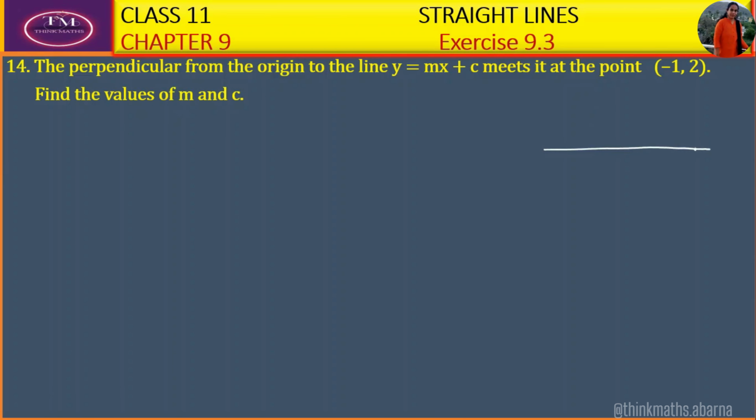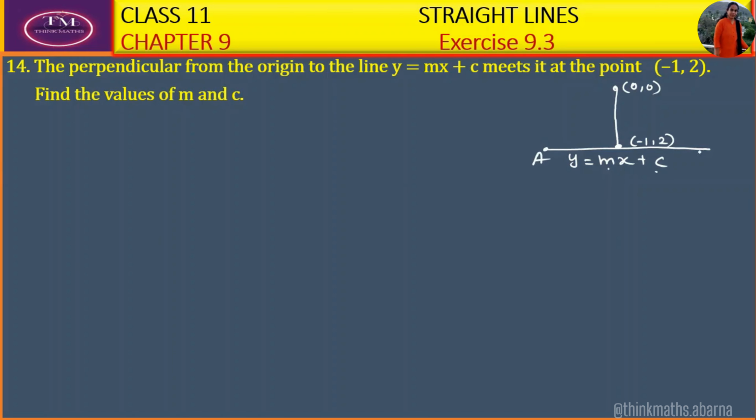There is a line, the perpendicular from the origin, from 0 comma 0, to the line y is equal to mx plus c, meets this line at minus 1 comma 2. If it is so, we have to find the value of m and c.